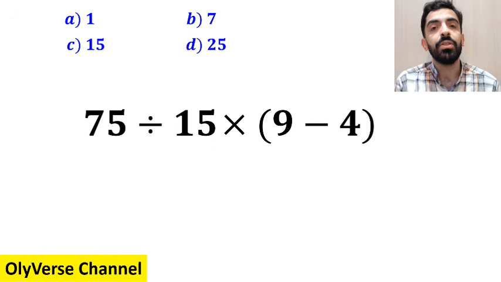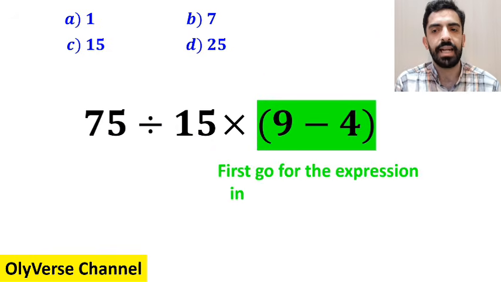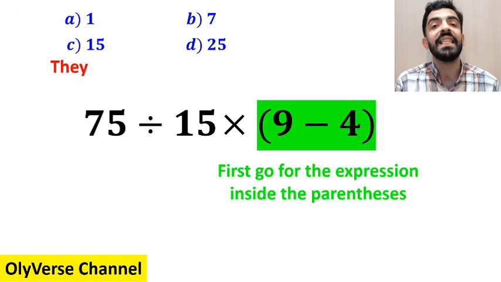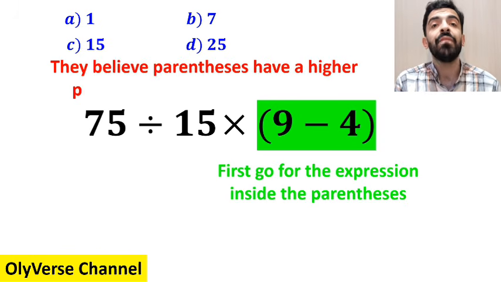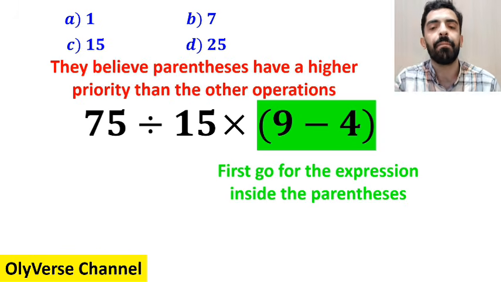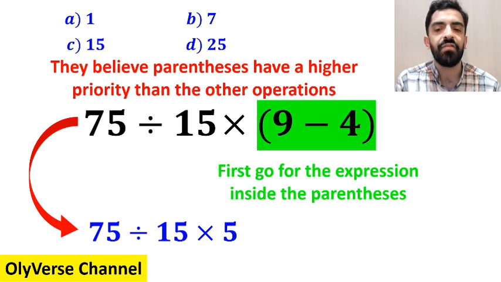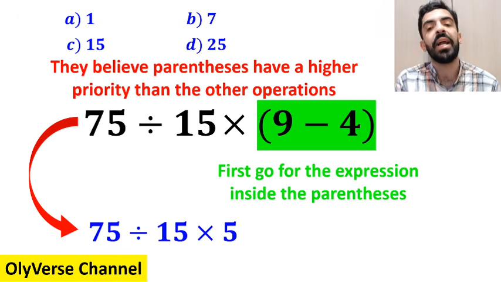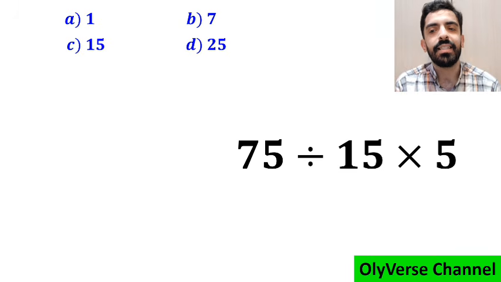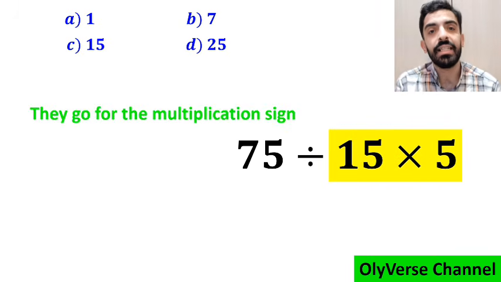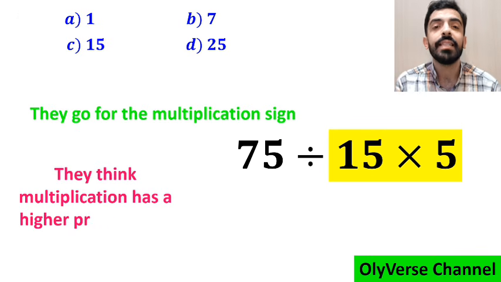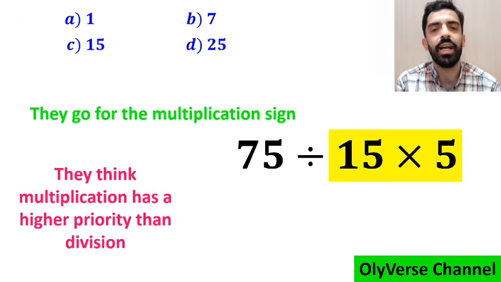Many people, when trying to solve this question, first go for the expression inside the parentheses because they believe parentheses have a higher priority than the other operations. So, they simplify this expression to 75 divided by 15 multiplied by 5. In the next step, they go for the multiplication sign that I've highlighted in yellow because they think multiplication has a higher priority than division.